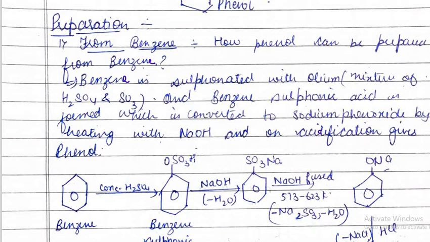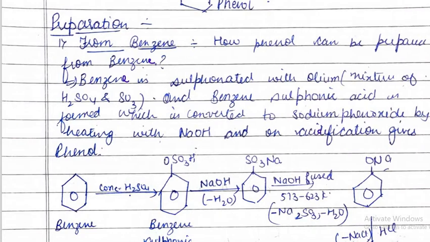Benzene is sulfonated with oleum, that is, benzene is treated with concentrated sulfuric acid first, and in the presence of sulfur trioxide. A mixture of sulfuric acid and SO3 is called oleum.